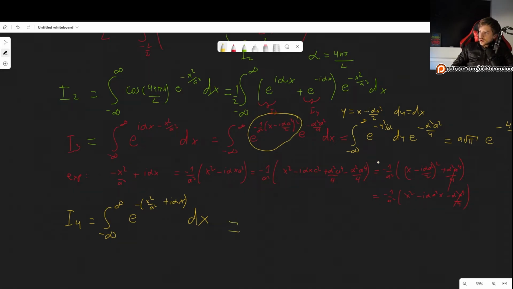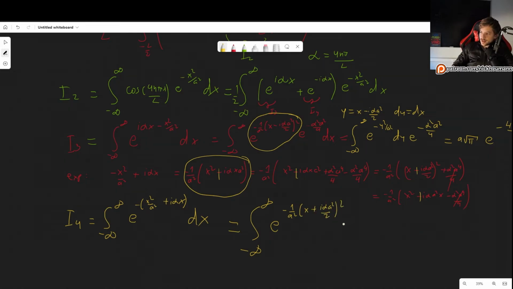So here we will get, when we complete the square, considering that we do the same procedure, except that with a plus, we'll get plus here, and plus here, and plus here, and plus here. So in the end, we get e to the minus 1 over a squared x plus I alpha a squared over 2, right?